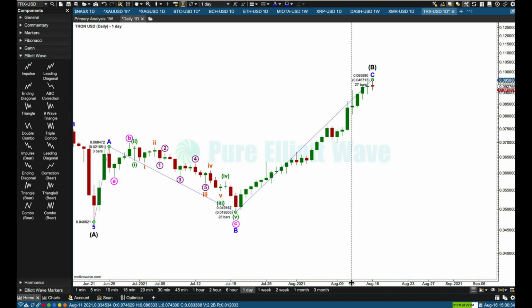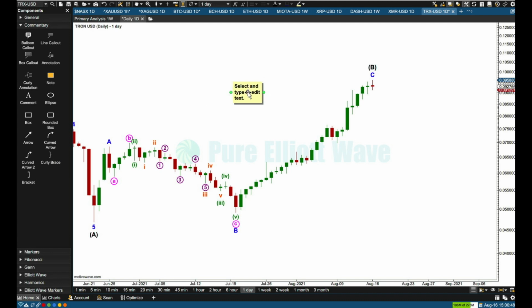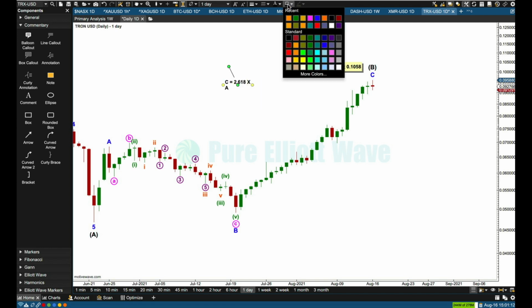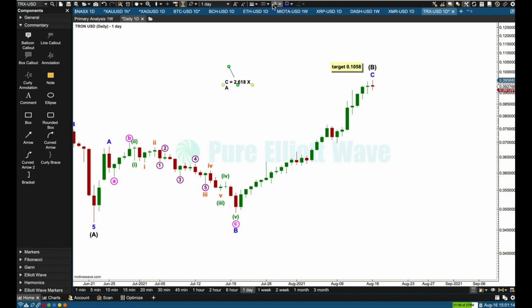So let's get a target. 0.1058. Let's put that in there. Target for intermediate B to end. I think 4 decimal places is enough. And that's where C would reach 2.618 the length of A, because it's already past 1.618 the length of A.